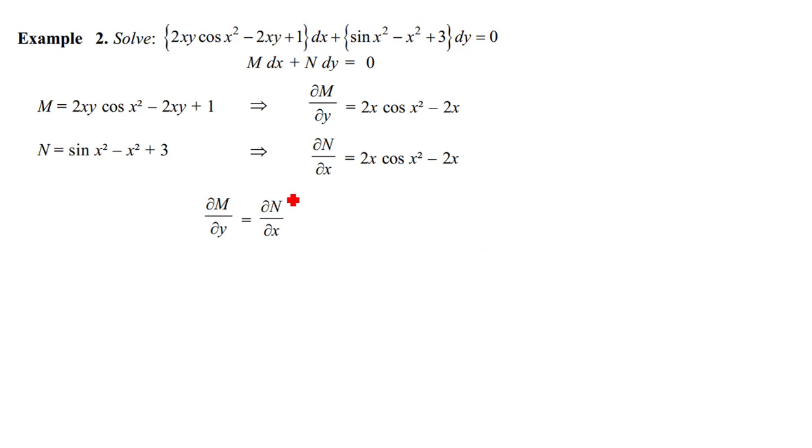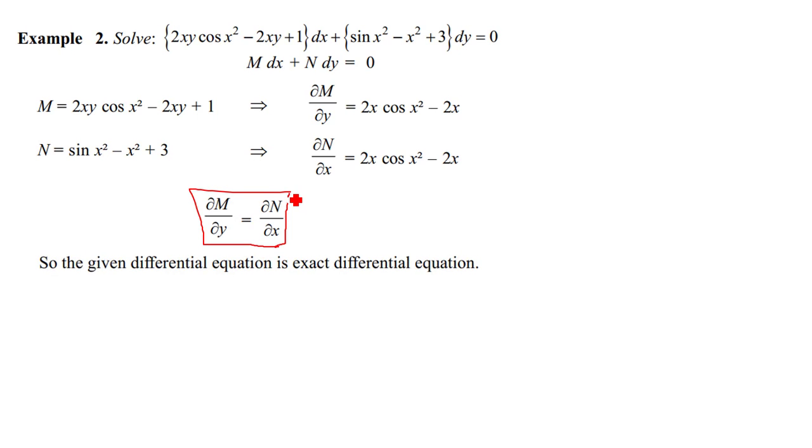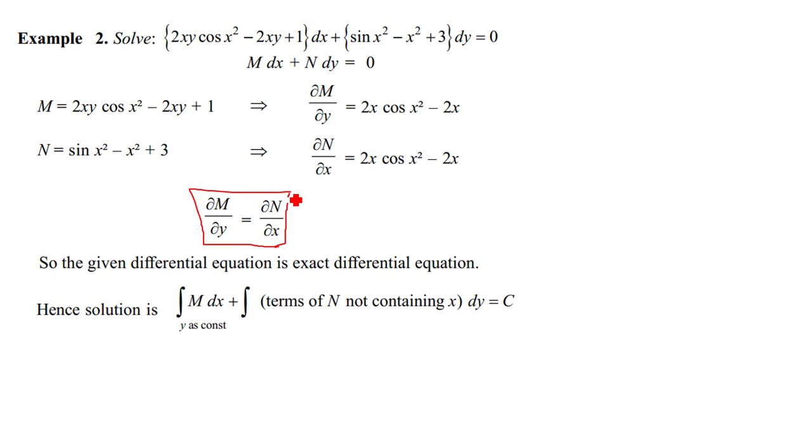Since we know that the m dy and the n dx are equal, hence the differential equation is exact. So now since it's exact, we can follow the steps. We're going to integrate m with respect to x, and in this second part we'll only integrate the terms that do not contain x, meaning the terms that only contain y.